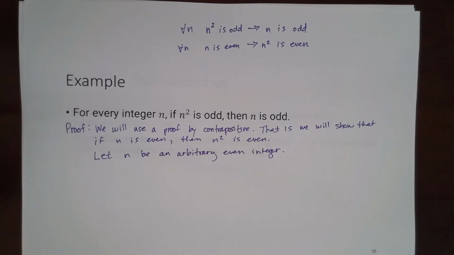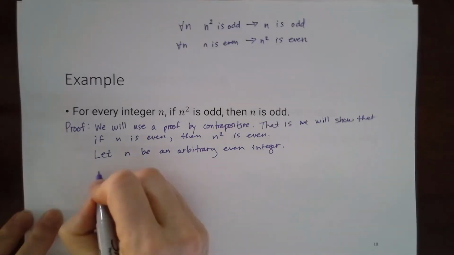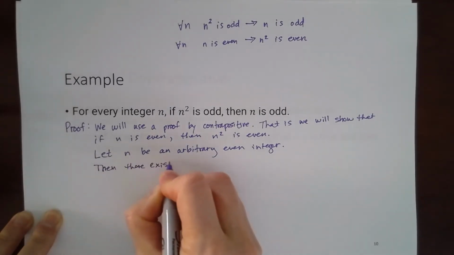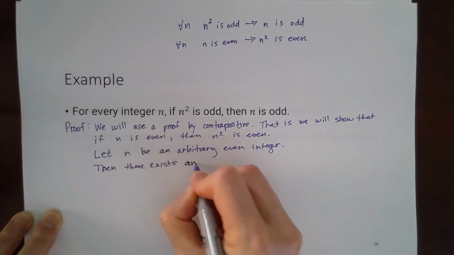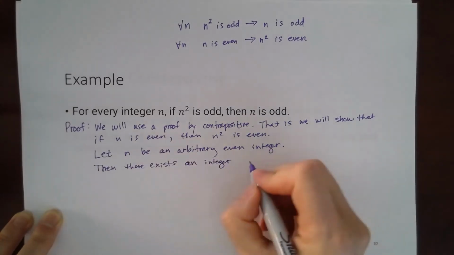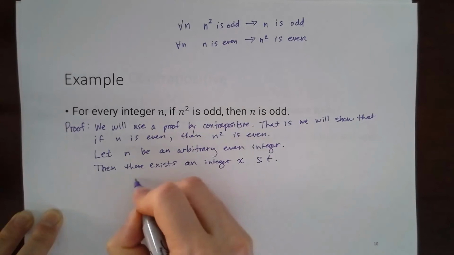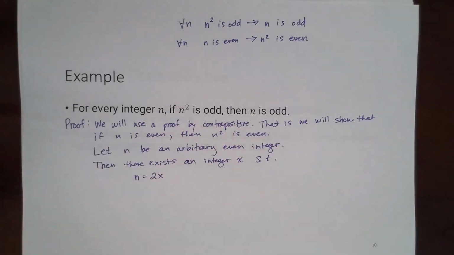When we see n as an arbitrary integer, what's the very next thing you want to say? Yeah, so there exists an integer, you called it x, sure we'll use x, such that n equals 2x. We know n is even, and so there's got to be an integer so that n is a multiple of 2.